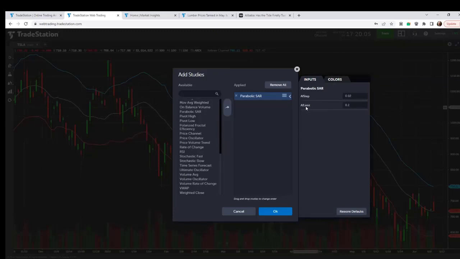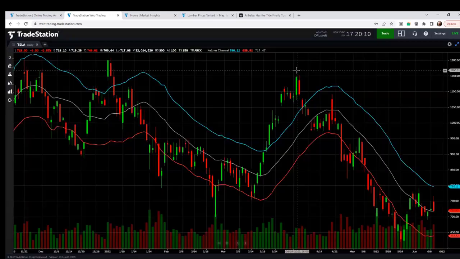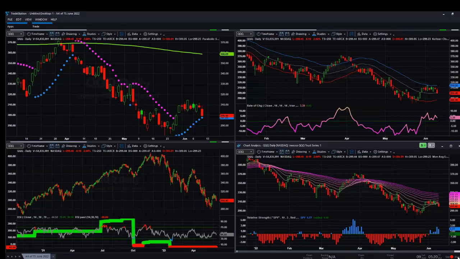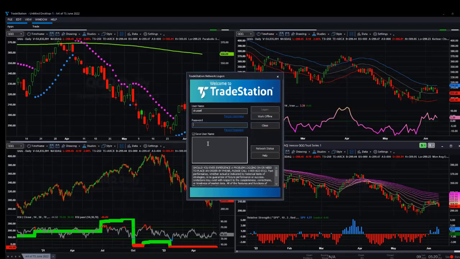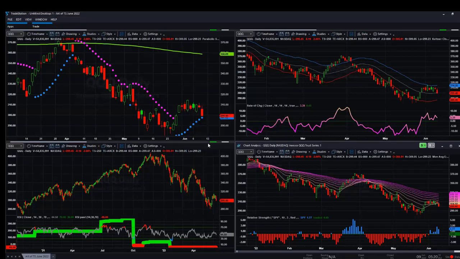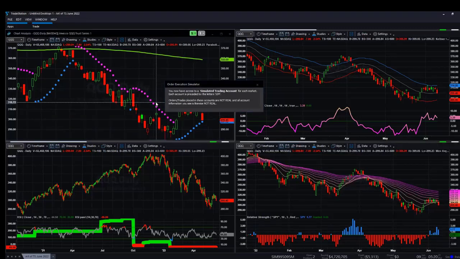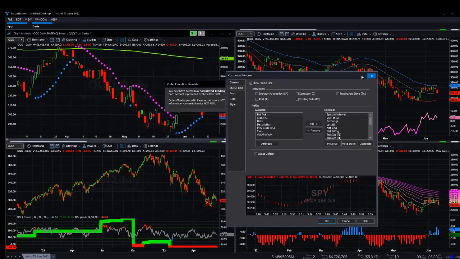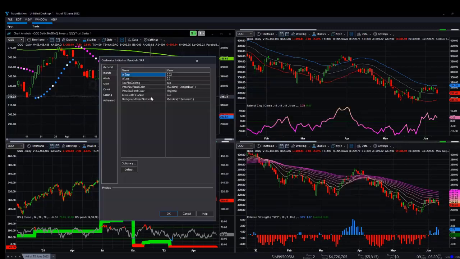I have to remember what these actually are. I'll very quickly go back to the TradeStation platform here. This is an easier way to do it because it explains what the things are. You can Google a lot of this as well, but I'm just going to double click on this, for example. If I double click on this Parabolic SAR, it actually explains it.